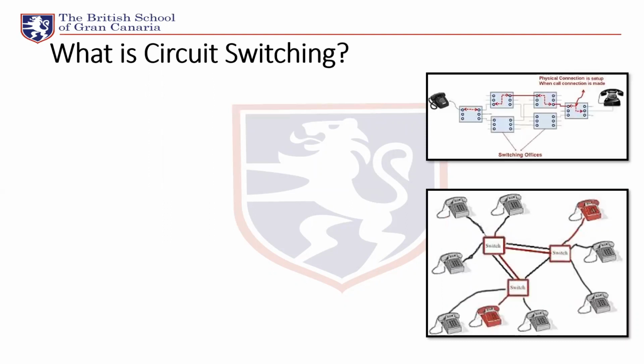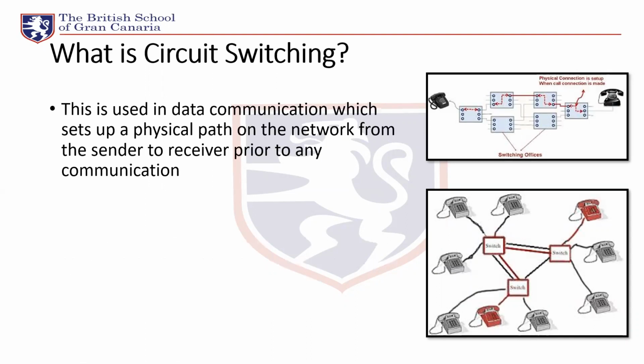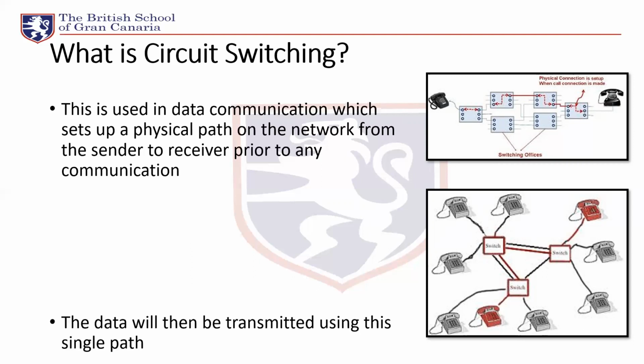Okay, so circuit switching. This is probably used as an older method of switching. It's when the data communication sets up a physical path on one network to another, from the sender to the receiver, prior to any communication. So before the communication takes place, there needs to be a physical route for the information to go down.